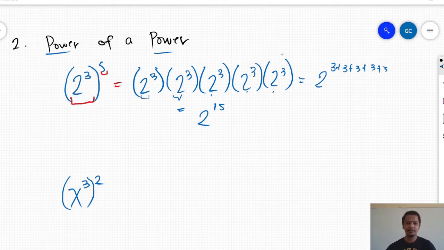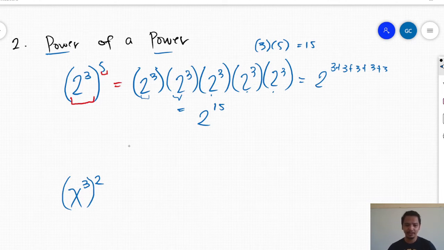Kung i-multiply natin yung 3 sa 5, that is actually just equal to 15. Meaning to say, we don't need to do this, itong part na to, yung multiply sa sarili niya ng 5 beses. Tapos, dahil nakita mo multiplication at pare-parehas sila ng base, in-add mo sila isa-isa, yung mga exponents, para makuha yung 2 raised to 15.